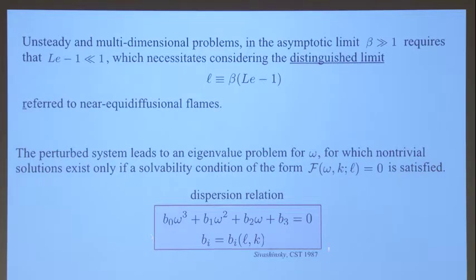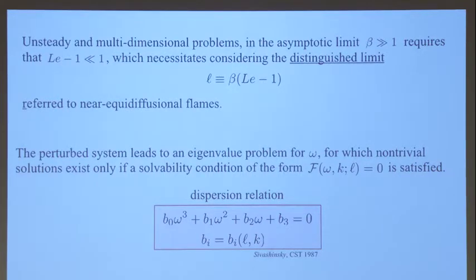And you end up with a dispersion relation, which is a cubic equation. And all these coefficients, B0, B1, B2, B3, are only functions of the parameters L and K. They are all positive, and we have explicit expressions for that. I didn't write them because it was not very illuminating.